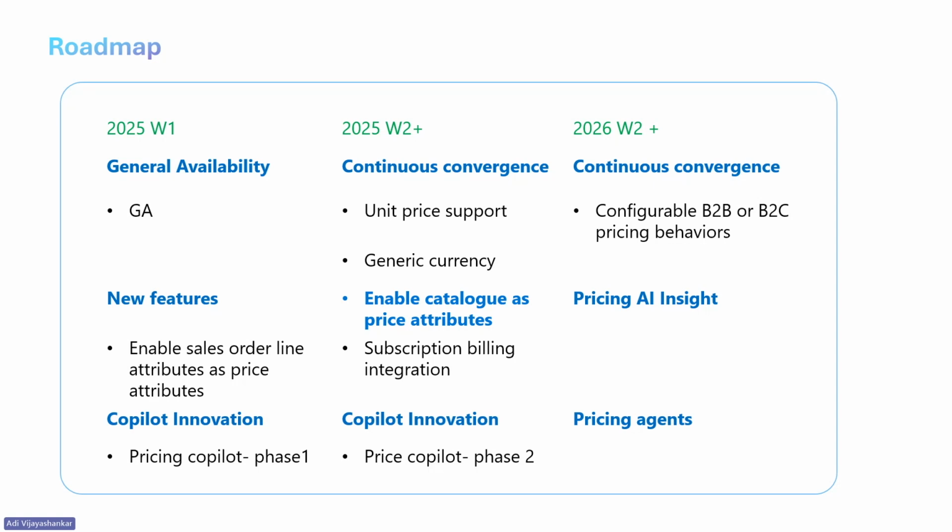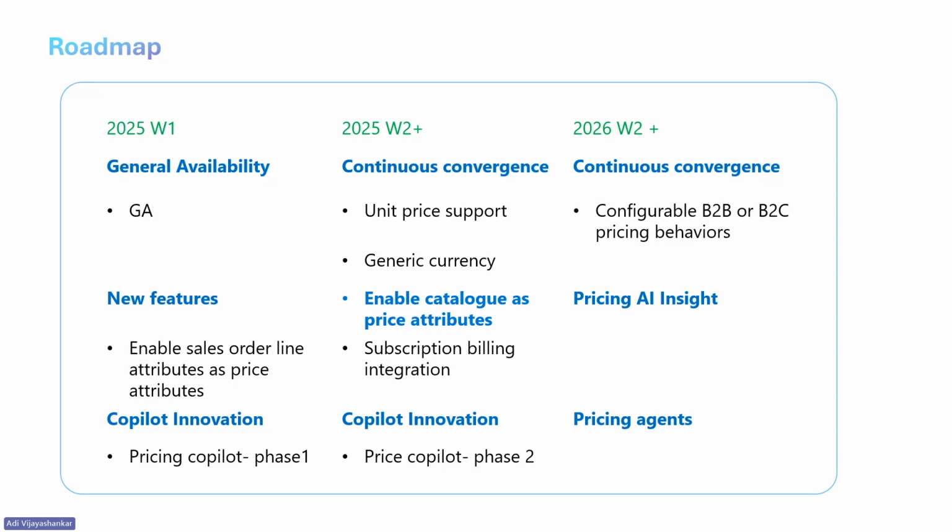Going forward, while we are on the roadmap towards the unified pricing engine for SCM and commerce, we will also provide the flexibility for customers to configure the price behavior to align with their B2B or B2C purpose. For example, whether discount should be per line or per order. The mass price update of expired price rules is also one of the topics that we heard a lot, which we will address in our roadmap.